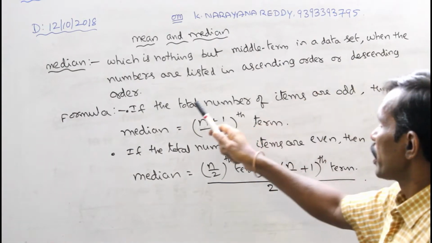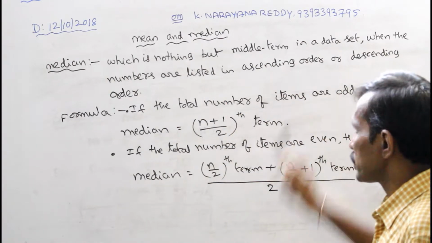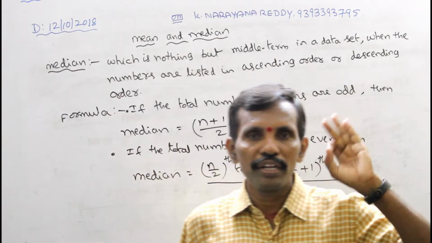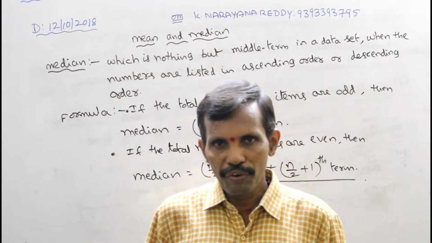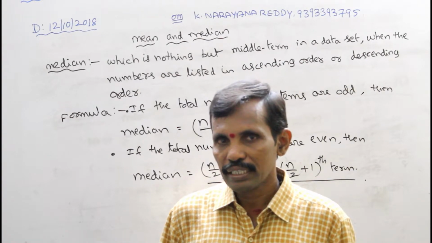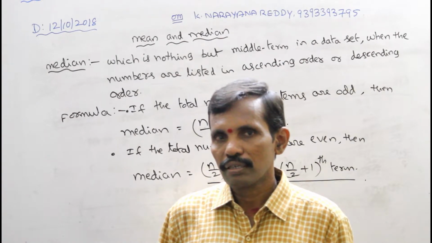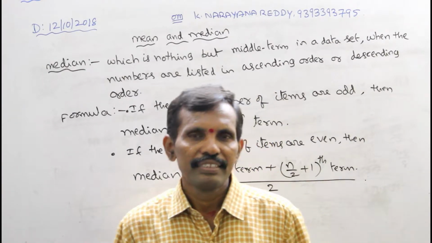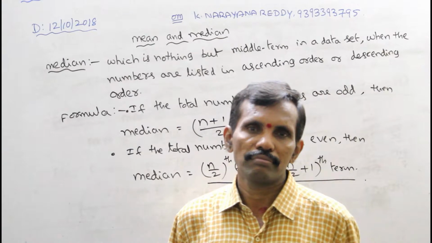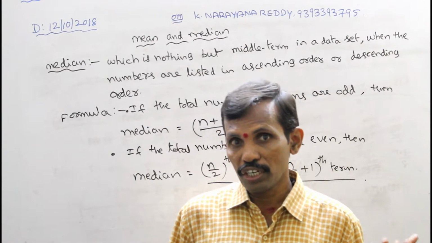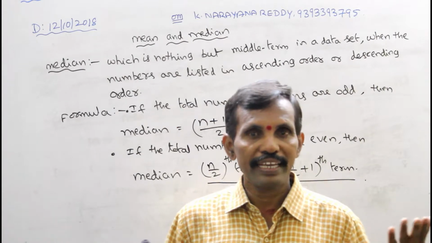When the numbers are listed in ascending order or descending order, that is an important point which you have to observe to find the median. Whenever you want to find the median, first of all you write the numbers in ascending or descending order. Otherwise, we can't get the answer.